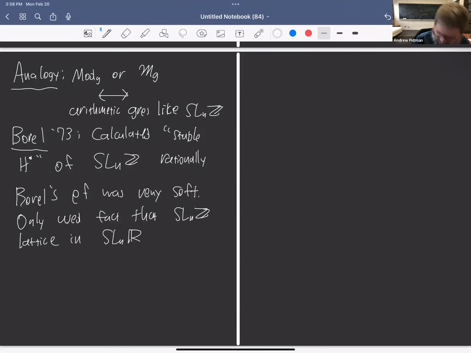Well, you might think, okay, that's fine, you can compute the cohomology of any lattice. But the important thing is that the answer you get doesn't depend upon the lattice. Borel gave a very simple answer, it's also a polynomial ring, just in slightly different classes and somewhat different degrees. But you get the same answer no matter what lattice in SL_n(R) you use. So this is an amazing fact.